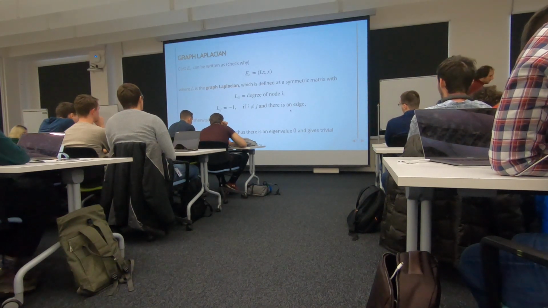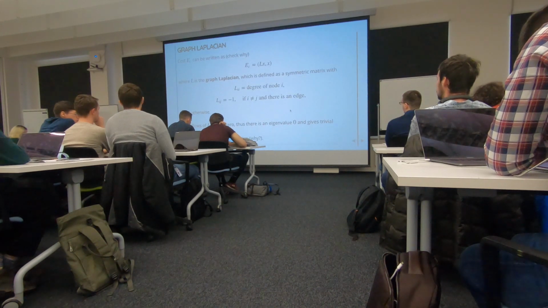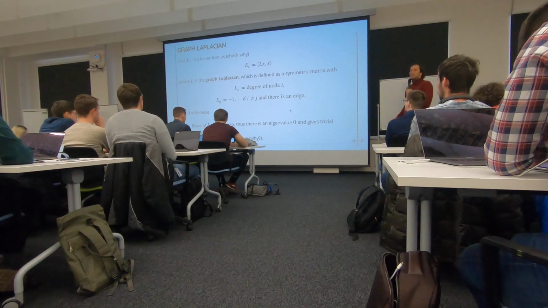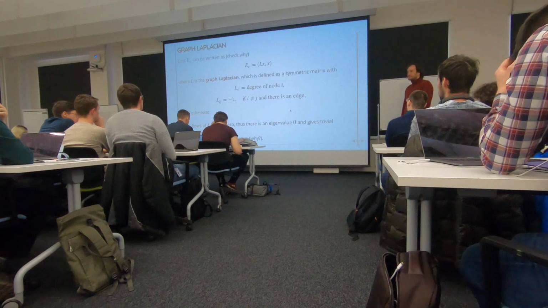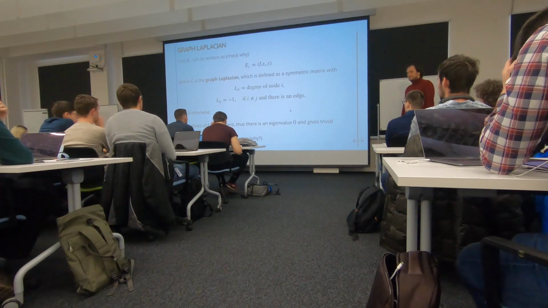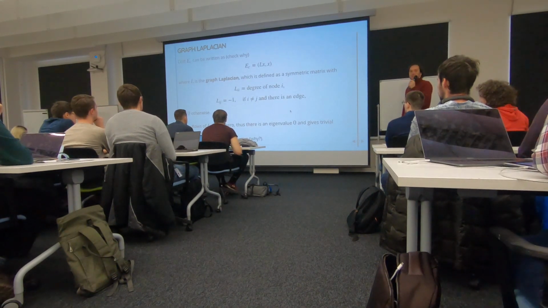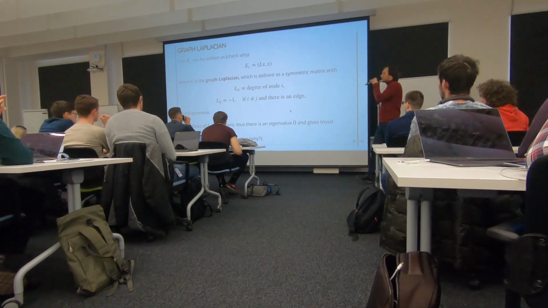By the way, a question: if we define this matrix like this, why are all the eigenvalues non-negative? Well, it's obviously symmetric. Why is it non-negative?